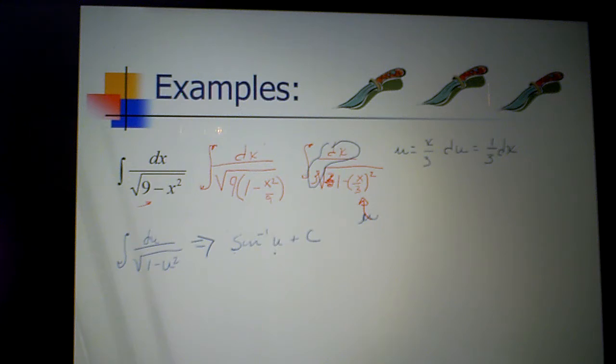And I have to put my u stuff back, since this is an indefinite integral. So this is going to become inverse sine of x over 3 plus c. Yay.